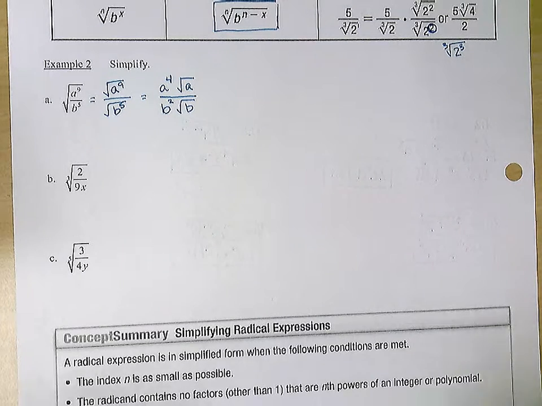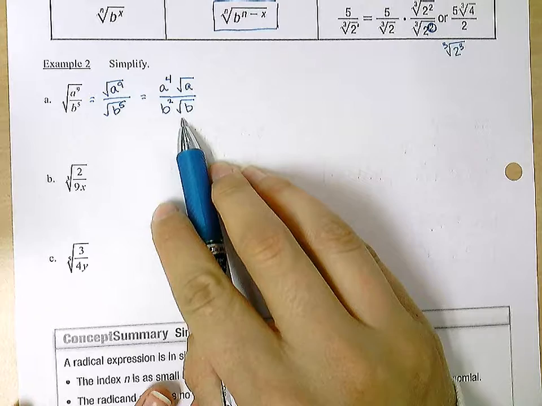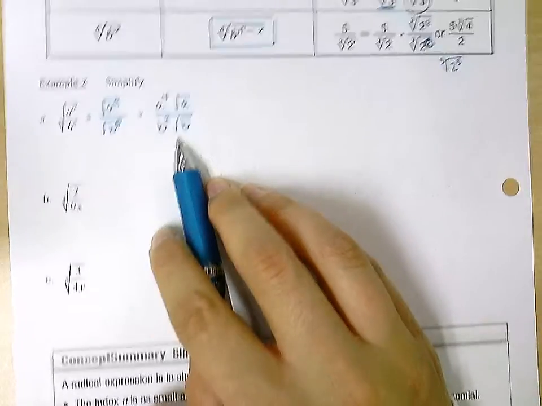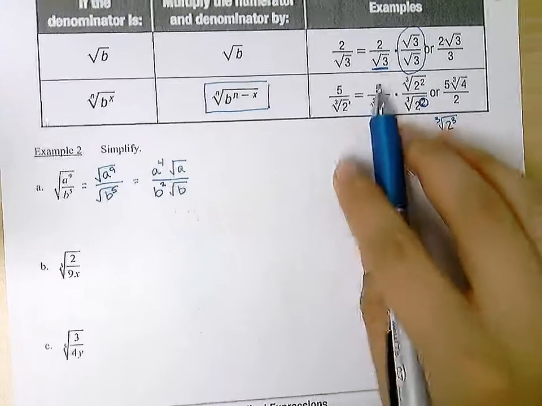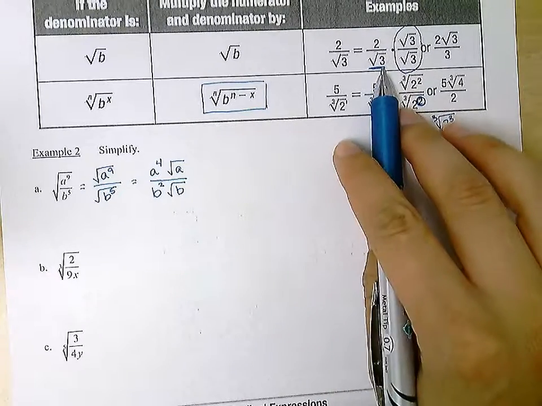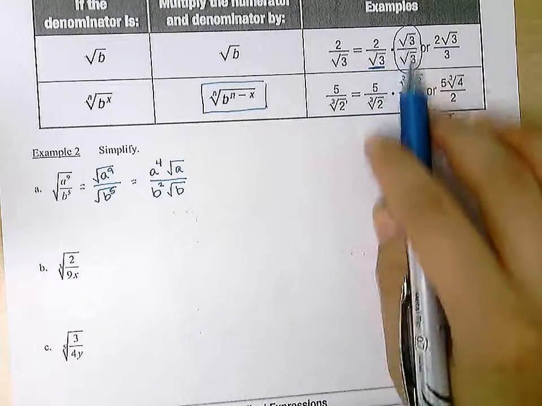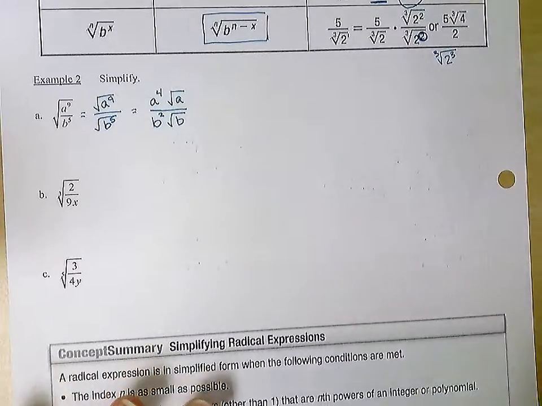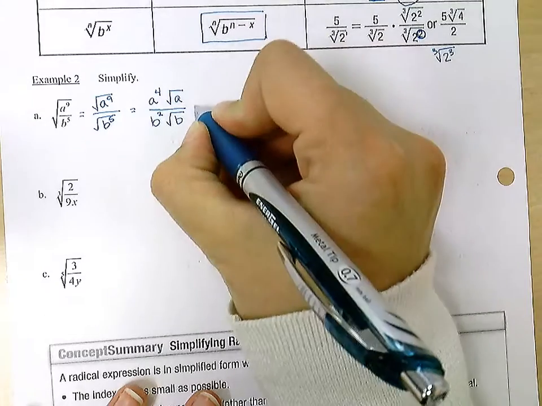Now I don't want this radical in the denominator. Since it's just a square root, we can do what this first example shows. We just take that denominator with the root and multiply it to the top and bottom, so only the square root part. That would be the square root of b.